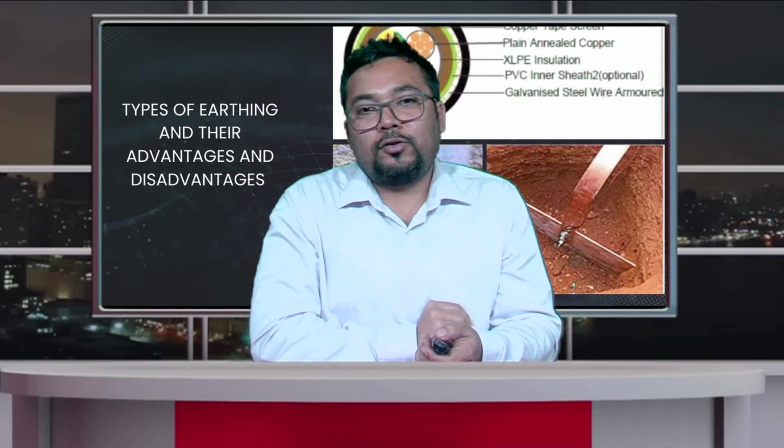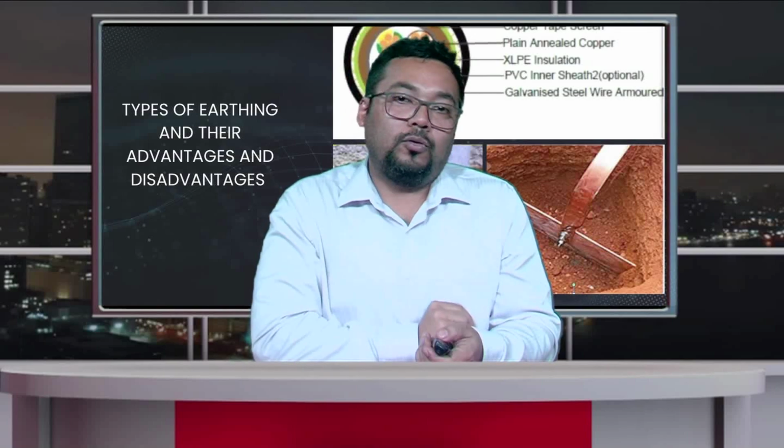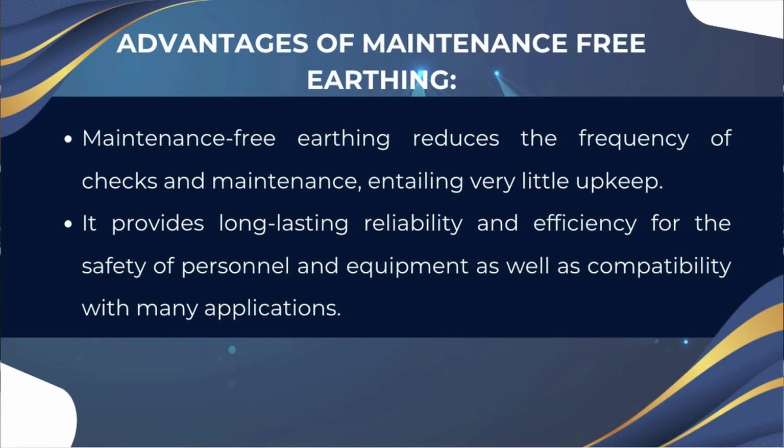Some advantages of this maintenance-free earthing are as follows. It reduces the frequency of checks and maintenance, entailing very little upkeep. It provides long-lasting reliability and efficiency for the safety of personnel and equipment. Also, it is compatible with many applications.